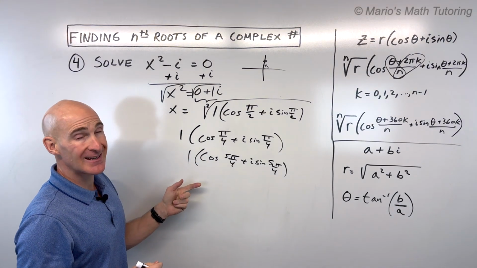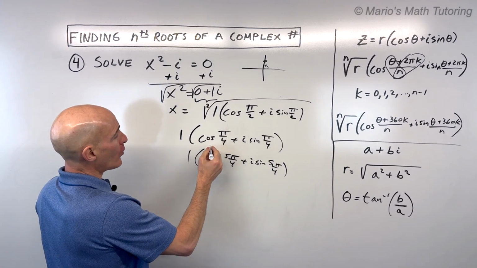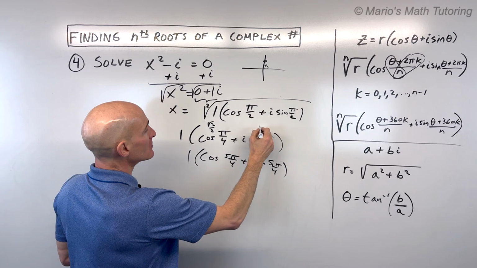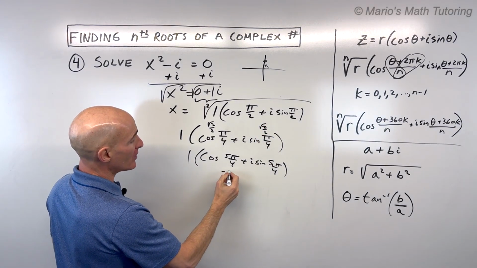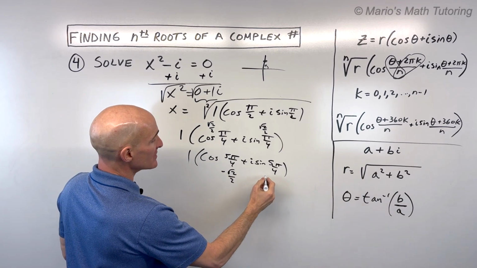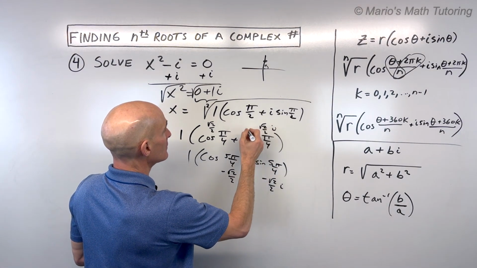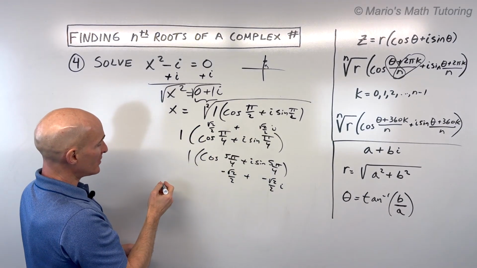Now, if we want to find it in the standard form, let's go ahead and do that. Cosine of pi over 4, we know that this is equal to root 2 over 2. And sine of pi over 4 is also root 2 over 2. Cosine of 5 pi over 4 is negative root 2 over 2, and sine of 5 pi over 4 is also negative root 2 over 2. So now if I multiply by 1, of course 1 times anything is itself.